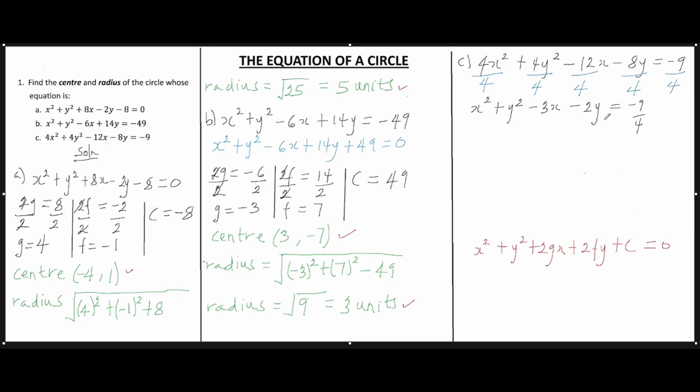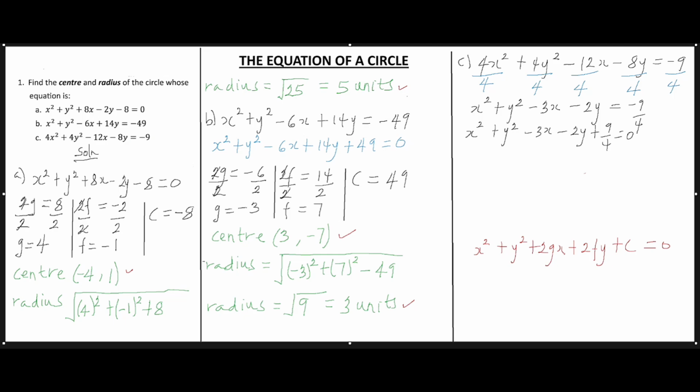So with this, we see that there is no constant term. The constant term has been shifted to the right. So again, we need to rearrange to get our constant term. So we have x squared plus y squared minus 3x minus 2y plus 9 on 4 equal to 0. So now all is set.